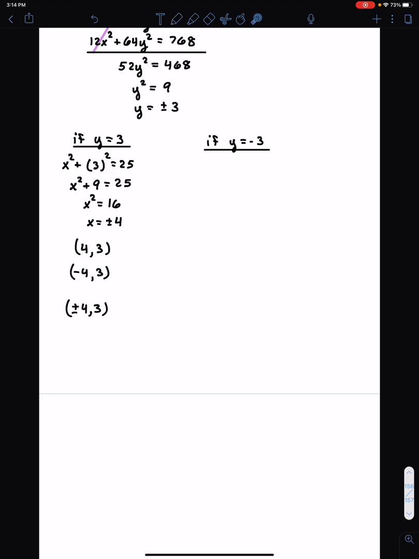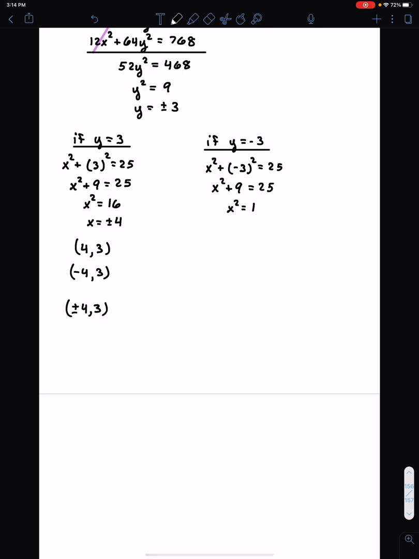The system may only accept these type of answers and not a combination. So verify it with the online system that you're using. If y is -3, x squared plus -3 squared is 25. So x squared plus 9 is 25.